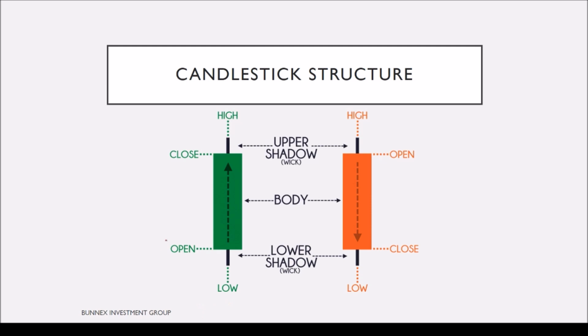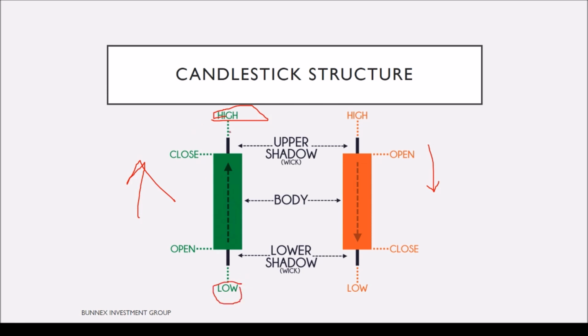So this is the basic candlestick structure, and as you can see, we have a green one. In this case, this one is not in red. It's normally in red if it's going down, and in green when it's going up. The basic things on each and every candlestick is that it consists of a high price and a low price.